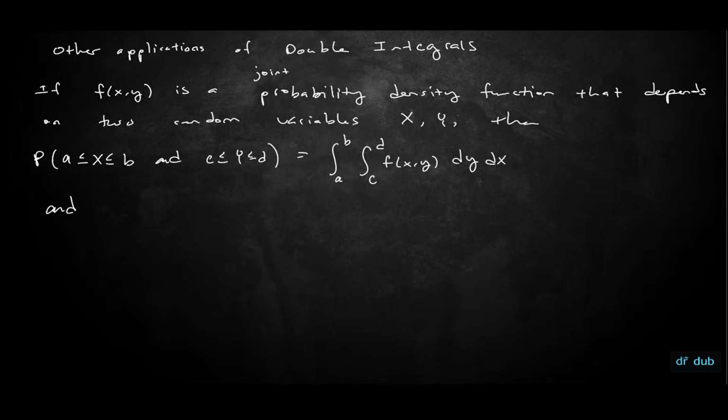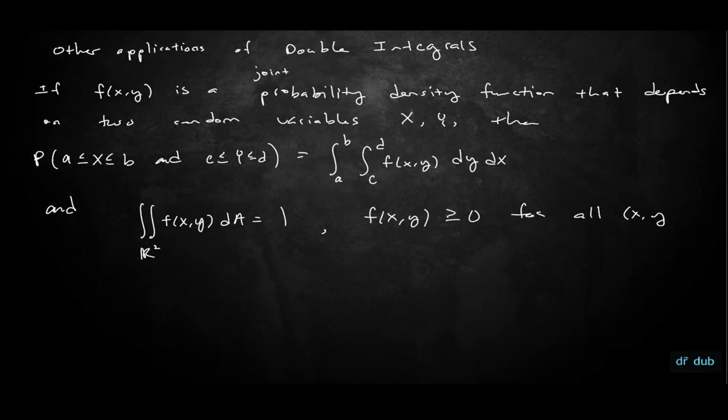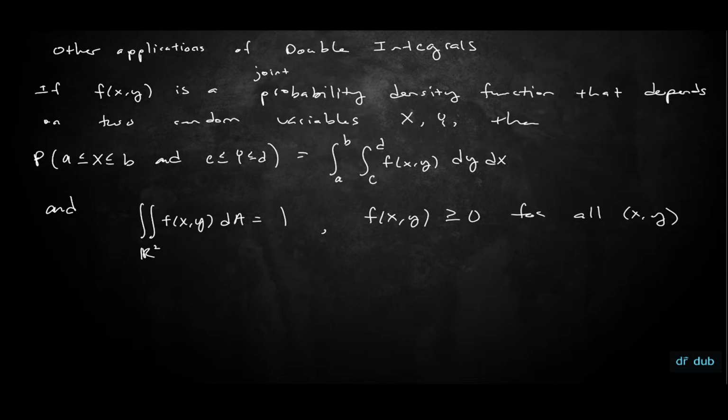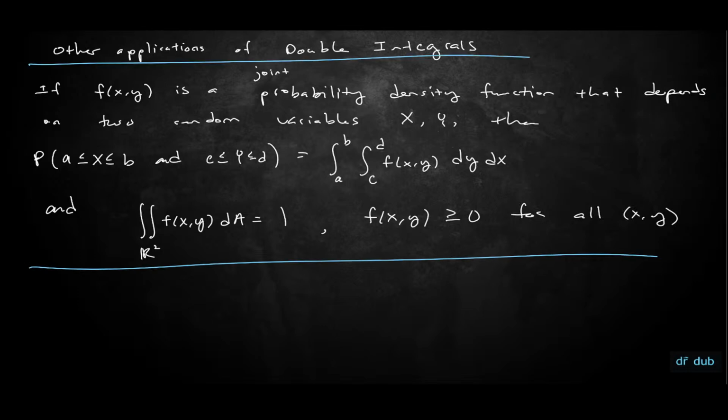And the integral over the whole real space, R2, of f of xy dA equals 1, and f of xy is greater than or equal to 0 for all xy. So it's just the same properties we know a probability density function should satisfy. So this would be a probability application of double integrals.